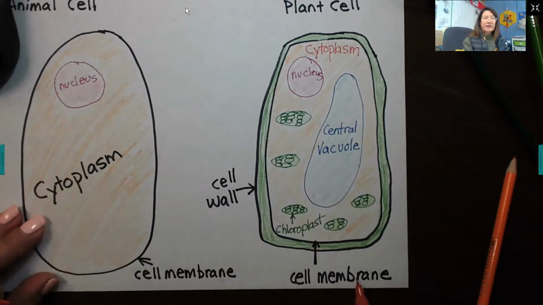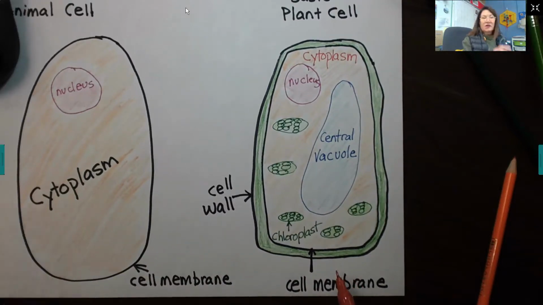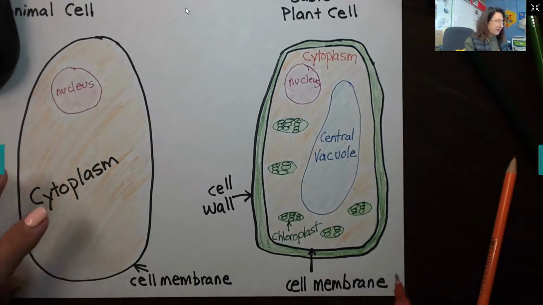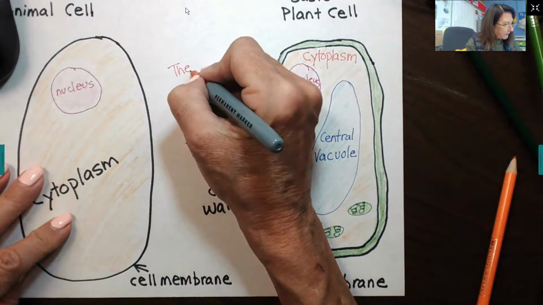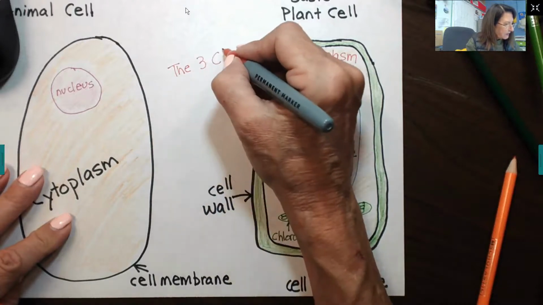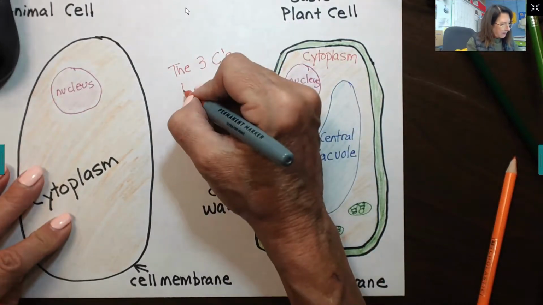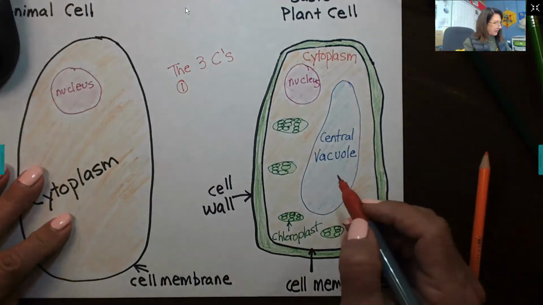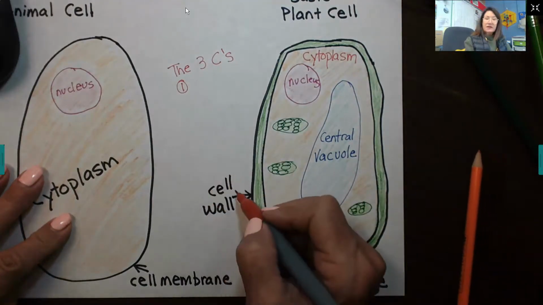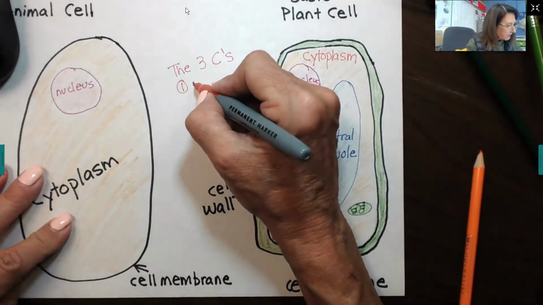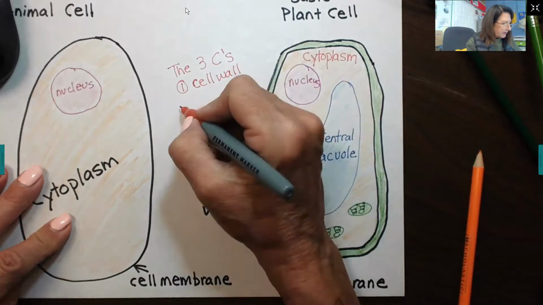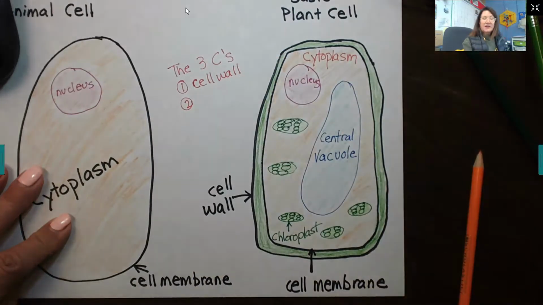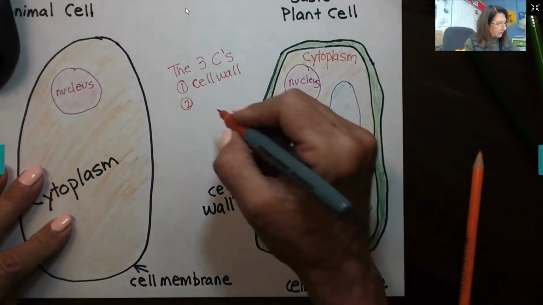Now my plant cell has 3 extra things, and this is called the 3 C's. So my first one is it has a cell wall. So I'm going to put cell wall. The second thing is it has a central vacuole.